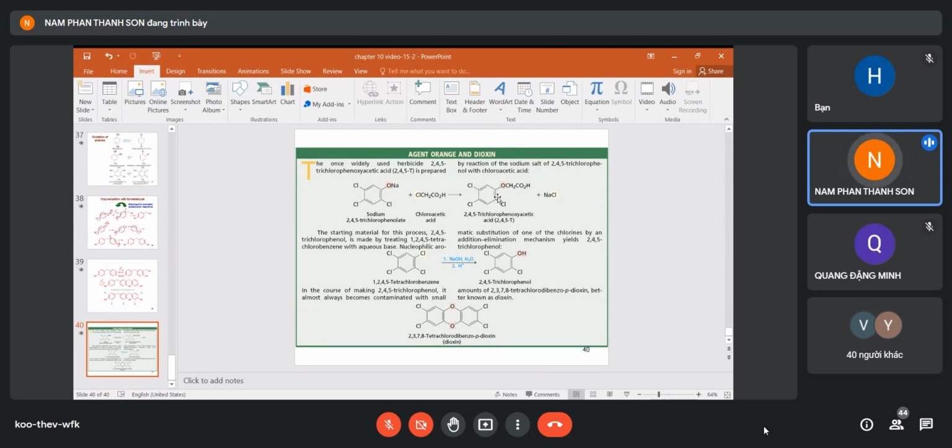But at that time, people did not control the reaction very well, and they produced a small amount of byproduct, the minor product, that is dioxin.